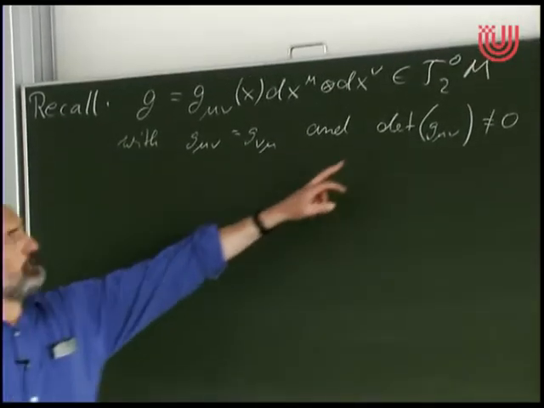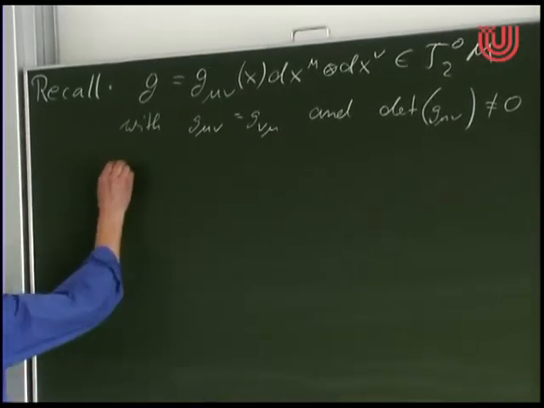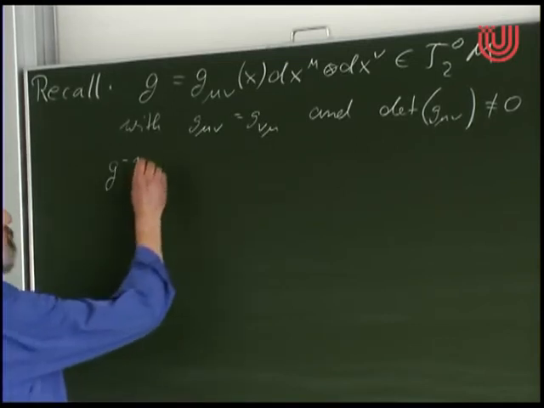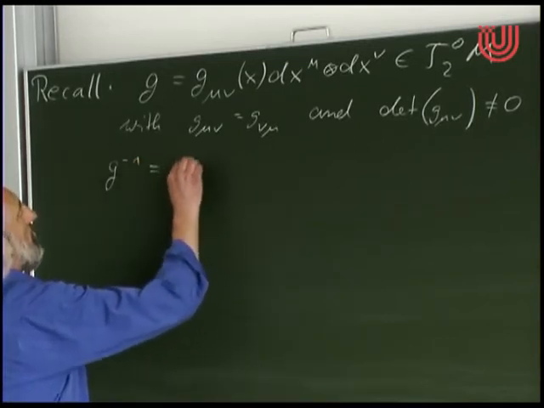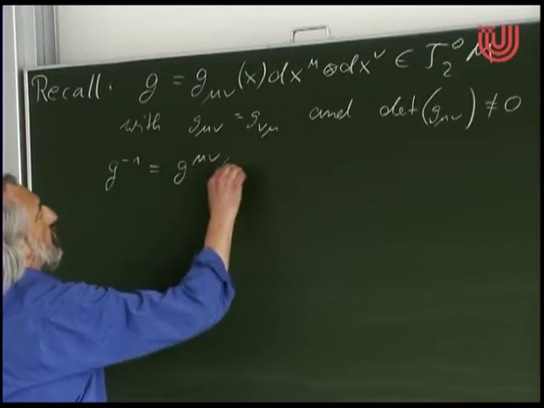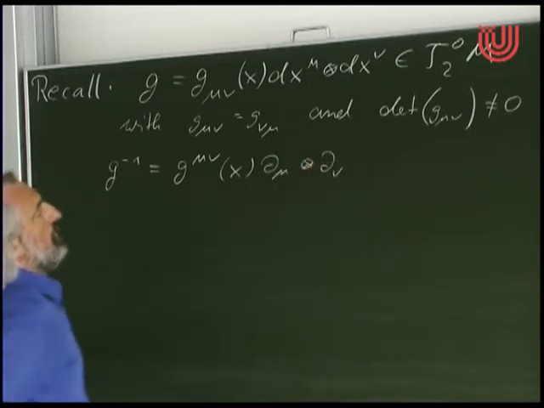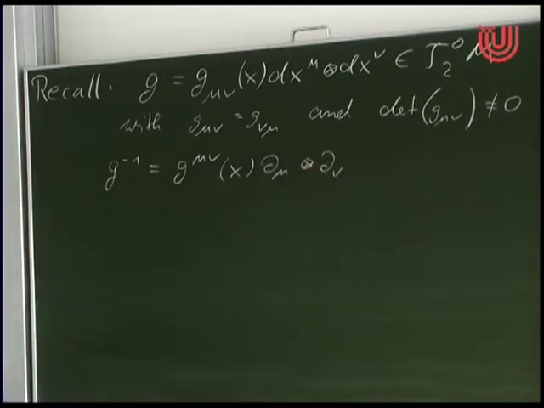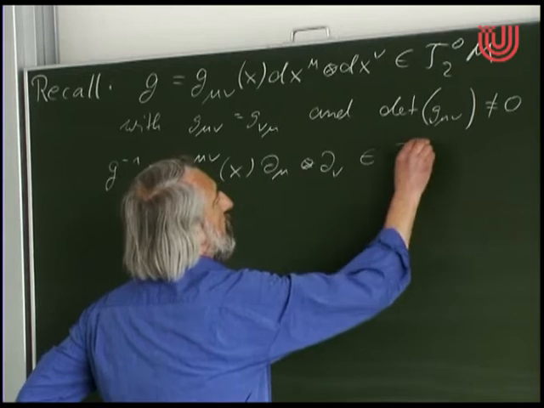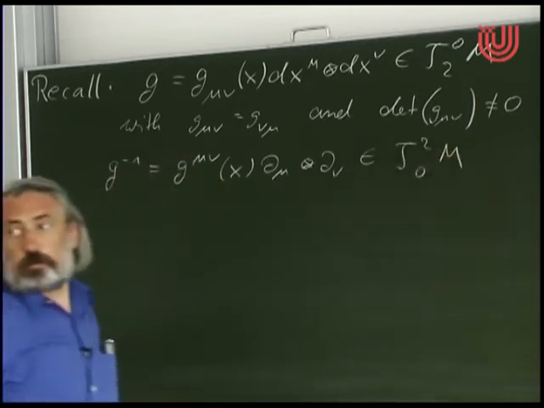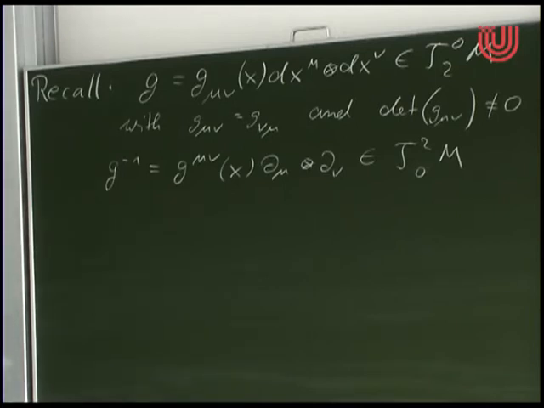This allows us to invert the metric, so we can then introduce something which I occasionally will denote by g to the minus 1. This is g^μν, which of course also depends on x, ∂_μ ∂_ν. So this has both indices in the upper position, so it's a contravariant tensor field, okay?